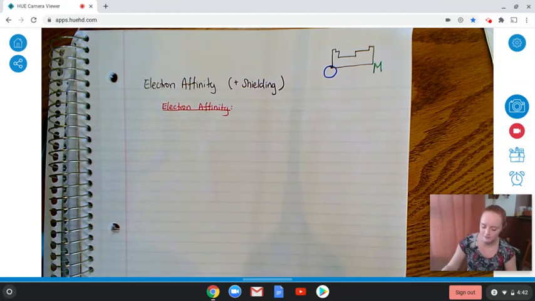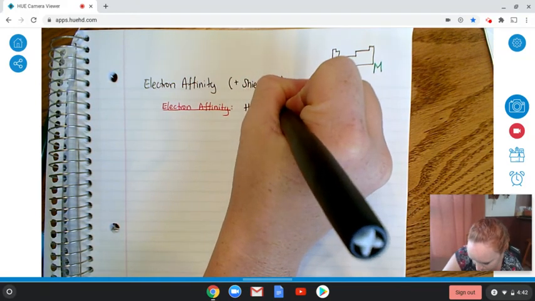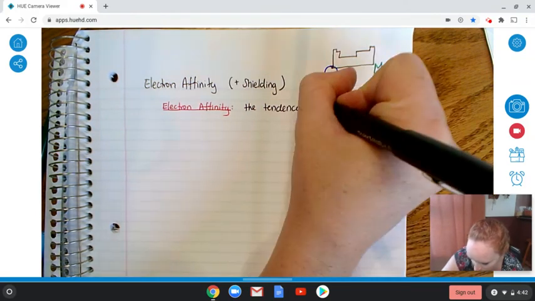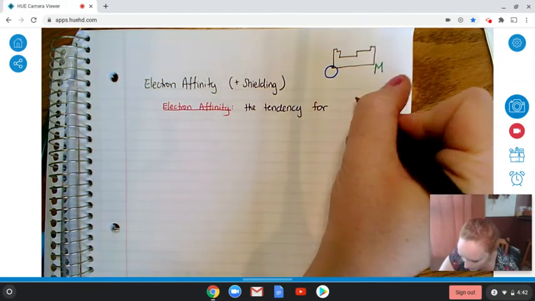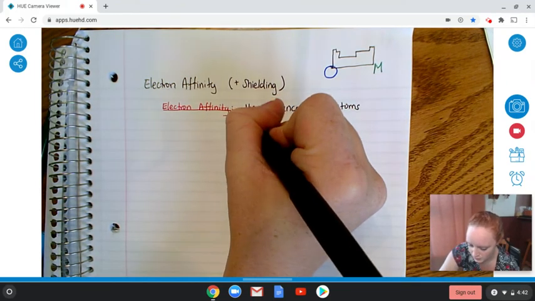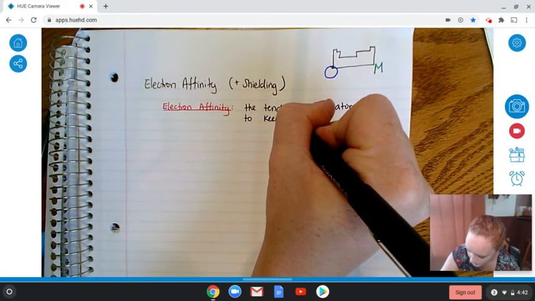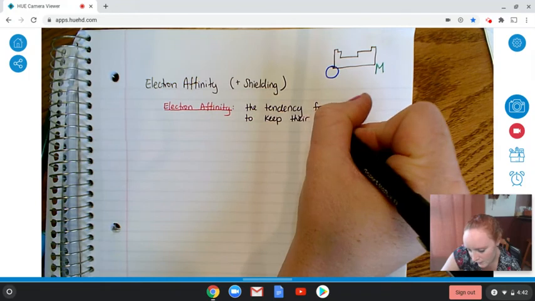So electron affinity is the tendency for atoms to keep their electrons.